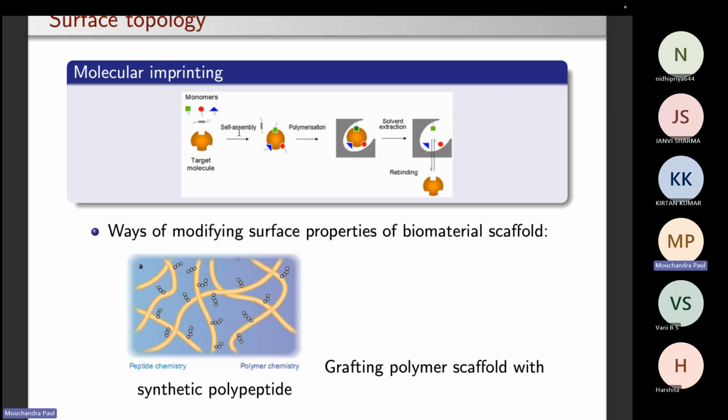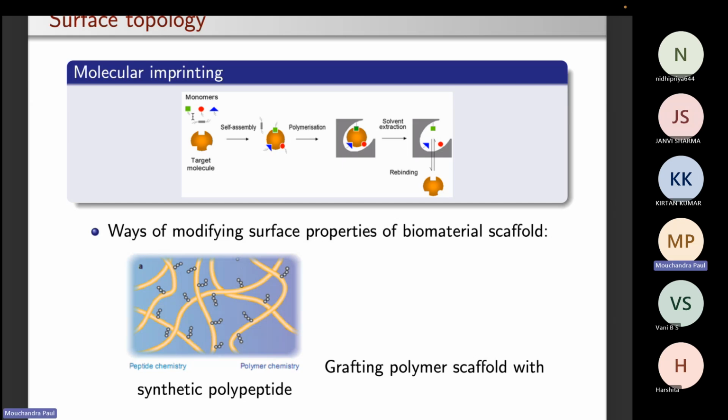Now, you want to add these chemical molecules onto your polymer, so that the specific type of chemical molecules are added in your polymer, and you polymerize your polymer in that way only. So you're creating binding sites in your polymer, if you imagine it that way.